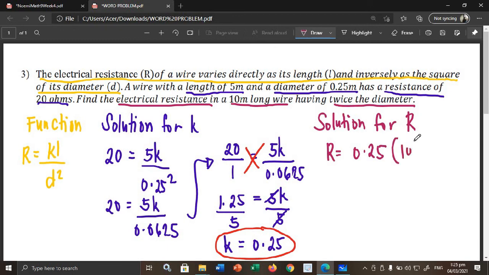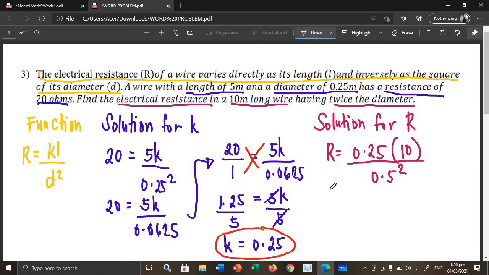So, we multiply it by 10. All over twice the diameter. So, earlier our diameter was 0.25. What we need to do is just double 0.25. When we double 0.25, because it says twice the diameter, right? So, 0.25 times 2 will be the second diameter. So, that is equal to 0.5. And then, it is squared.